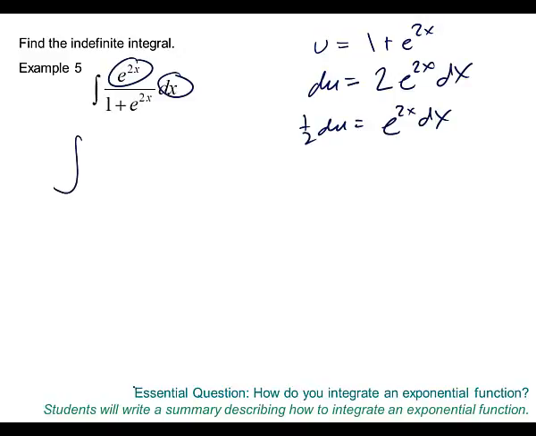Okay, now let's sub in. The denominator gets u. The e to the 2x dx gets 1/2 du. Okay, so now you got to think about what we did last week and the week before. When we integrate 1 over u, what do we get?